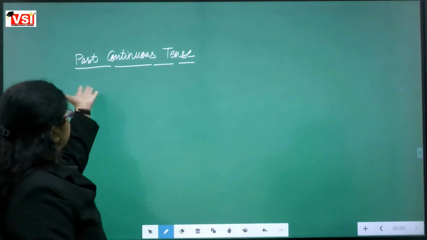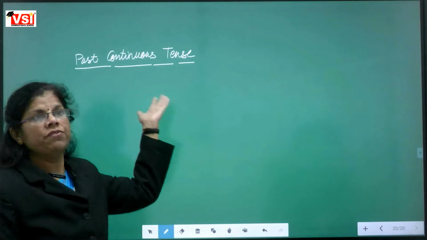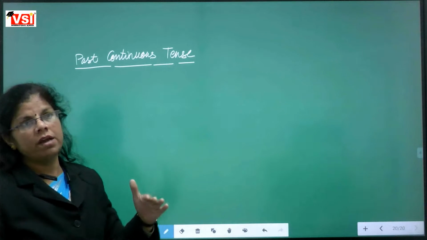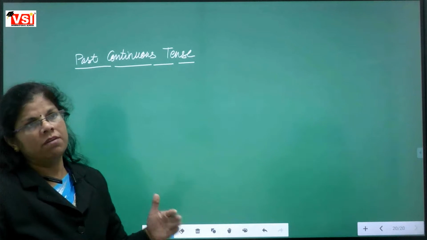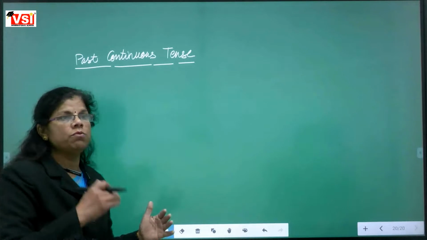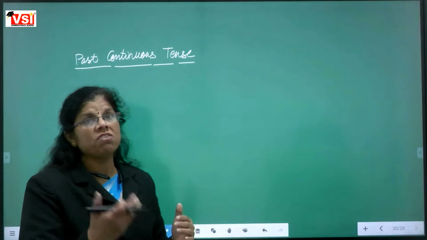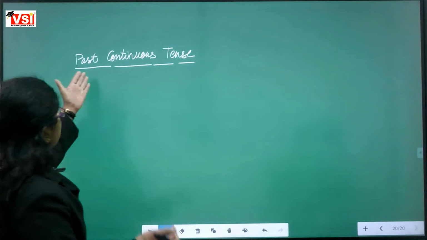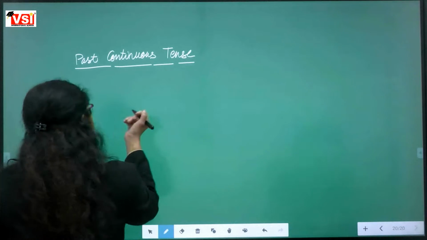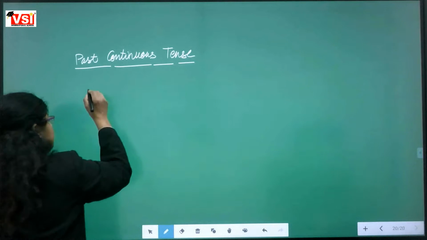And as it is past, we will use was and were as helping verbs. In present continuous we use is, am, are plus action ing. In past continuous we use was, were plus action ing.